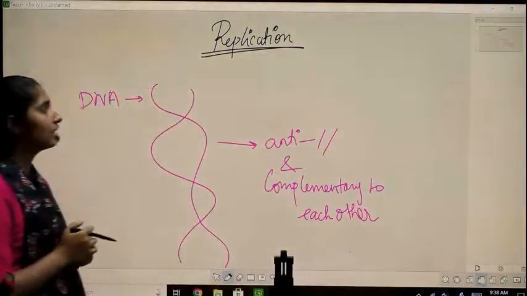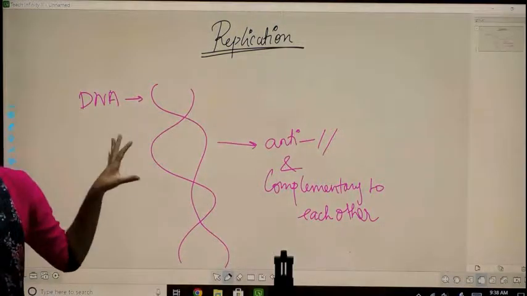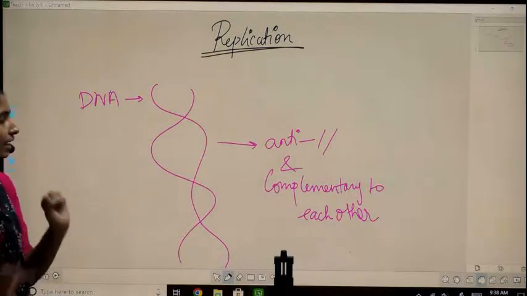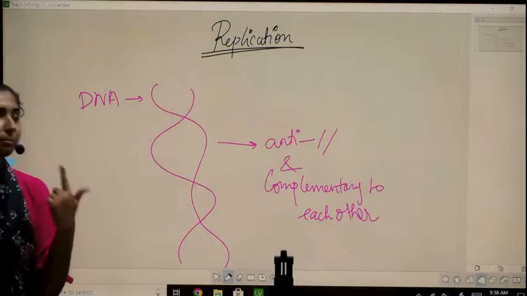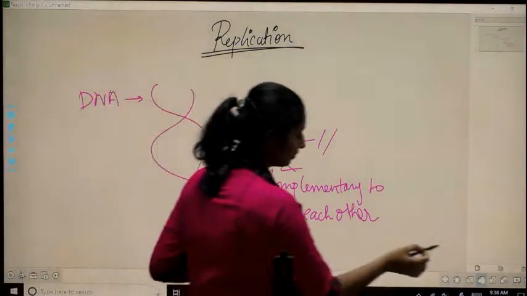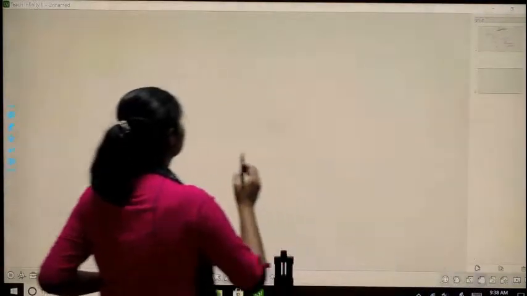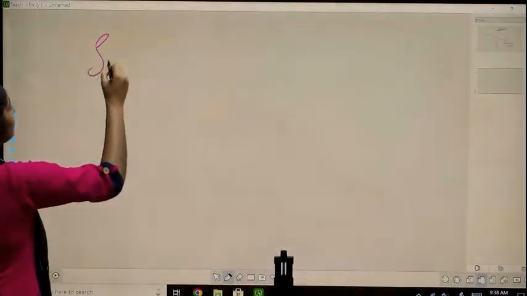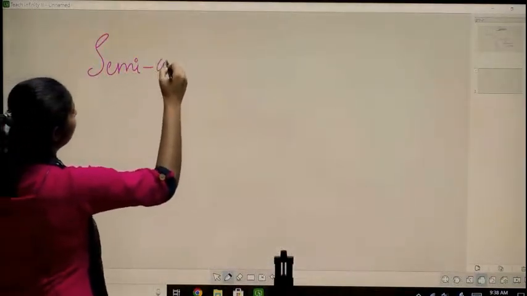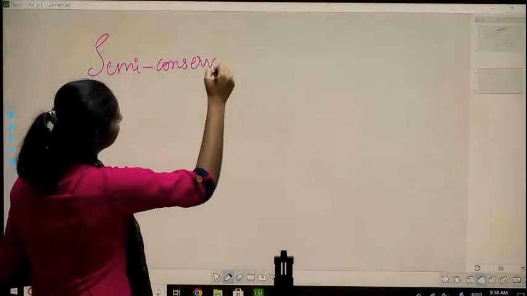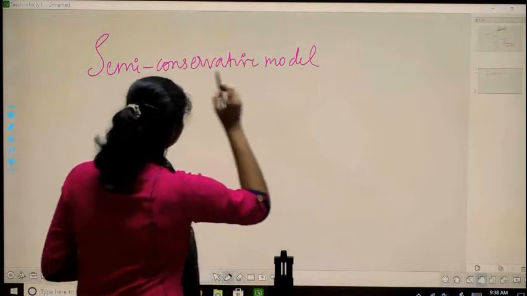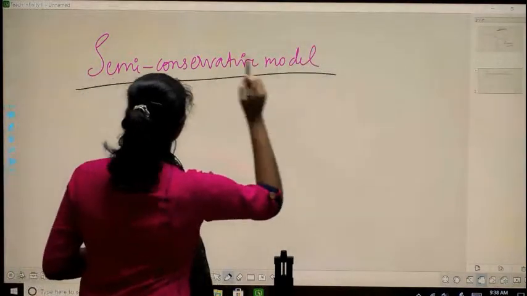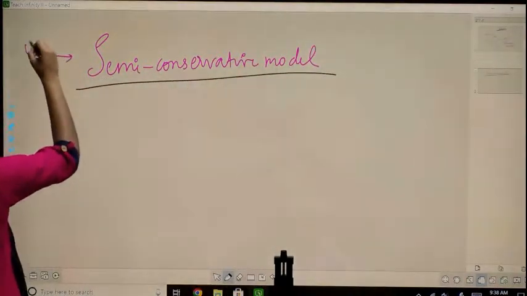So when Watson and Crick proposed the double helix model of DNA, immediately by seeing this structure, they also realized how DNA could replicate, and they gave the semi-conservative model of DNA replication. This was given by Watson and Crick.